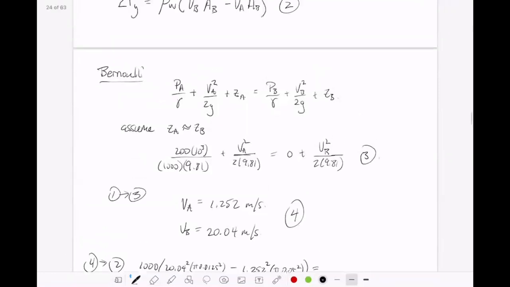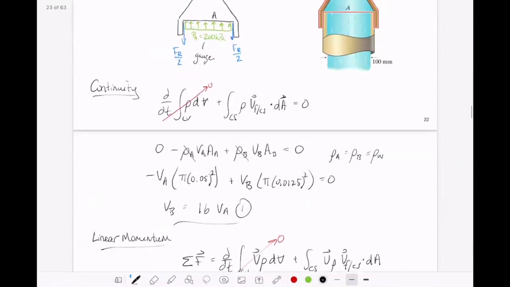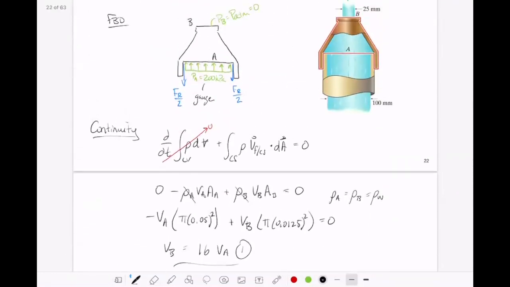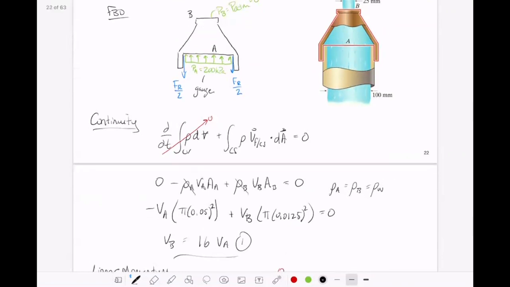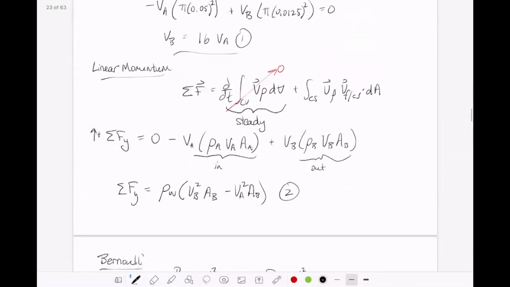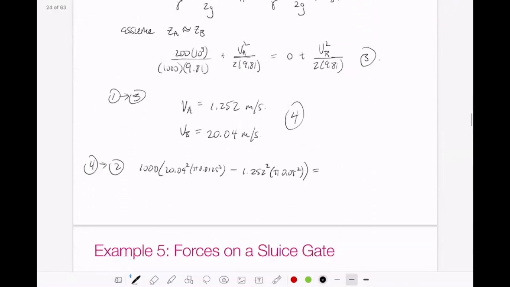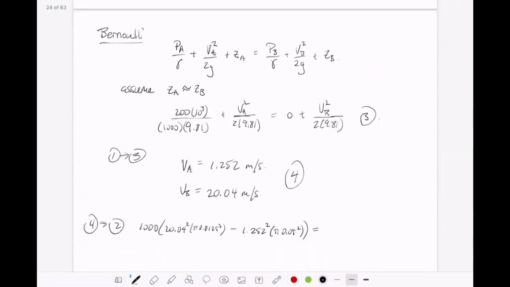the sum of our forces. We go back up to our free body diagram. We have 2 times FR over 2 going downwards, so just FR going downwards, and then PA times the area going upwards. So we have plus PA times AA minus FR.